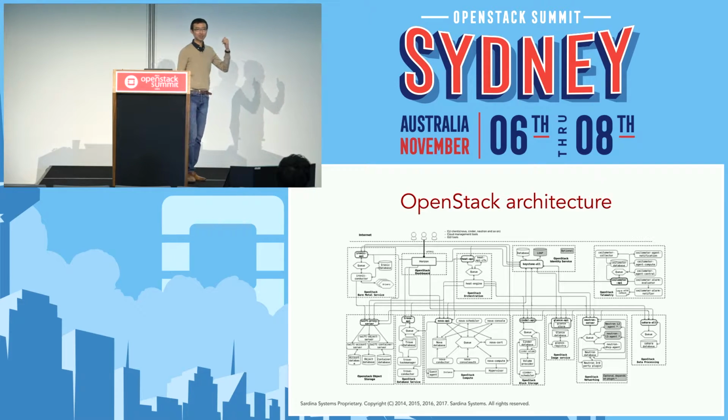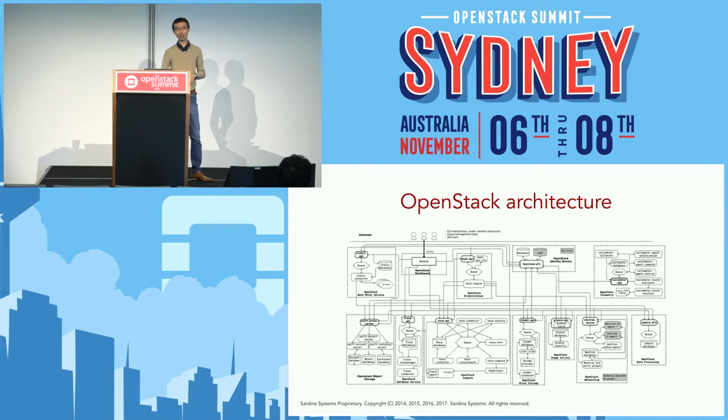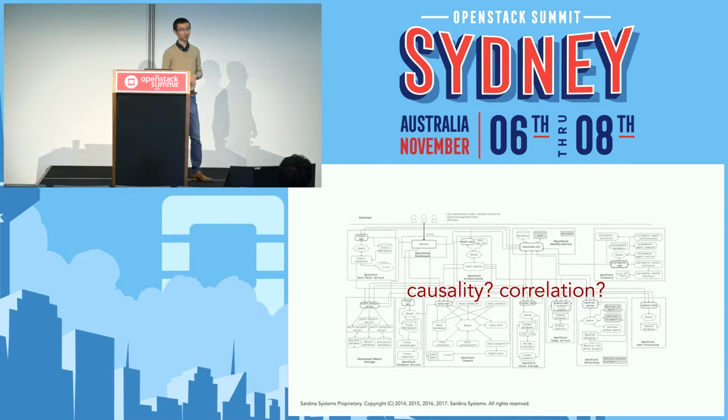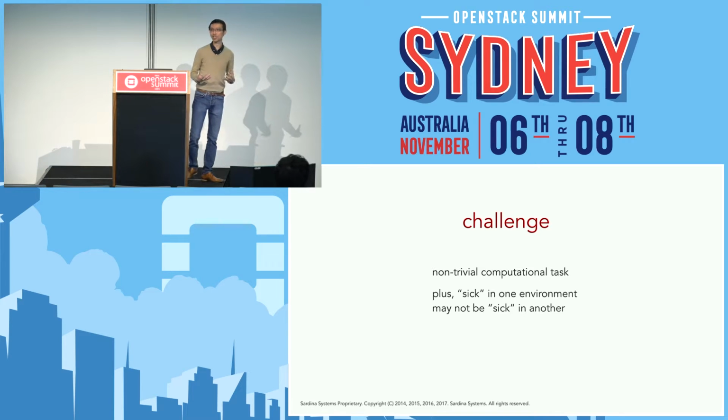Many of you have seen this picture. So this shouldn't be news, right? And with that, you want to work out causality versus correlation? That should be fun, isn't it? So this need to work out the 6 states becomes a non-trivial computational task.